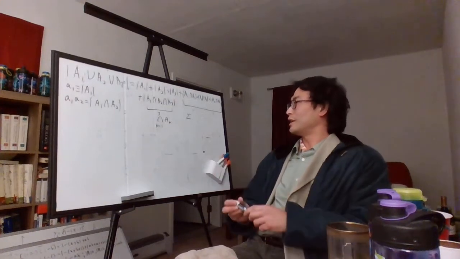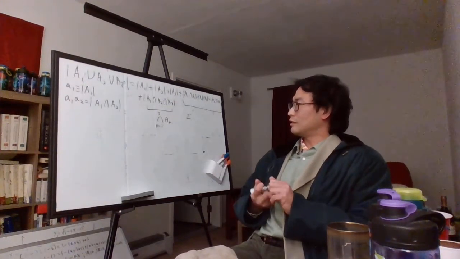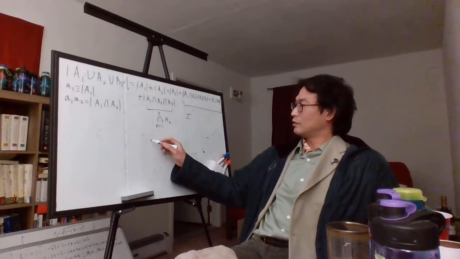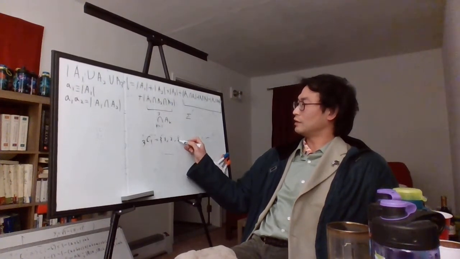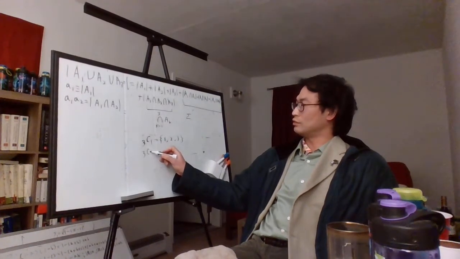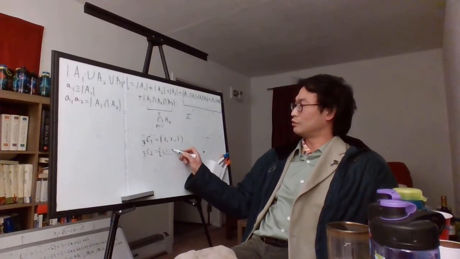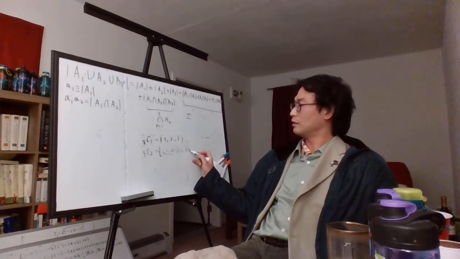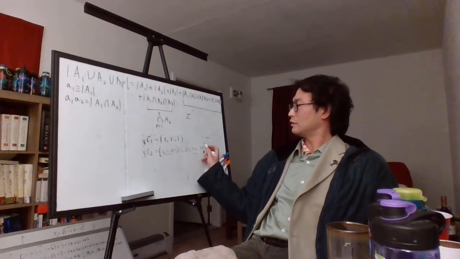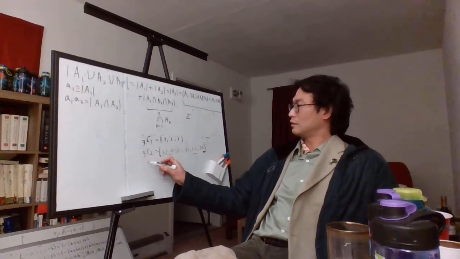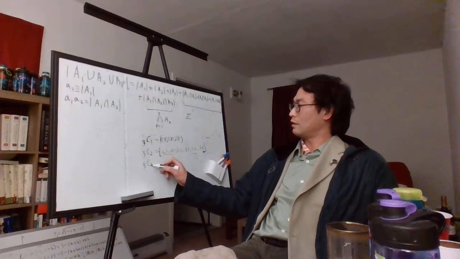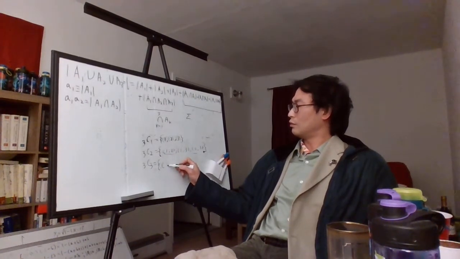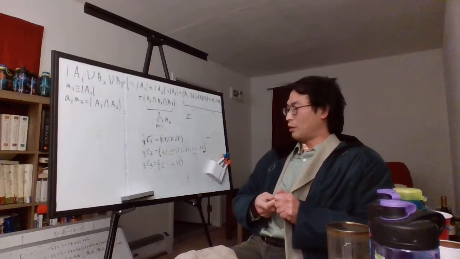So, combinatorics, right? 3C1 is like 1, 2, 3. 3C2 is like 1 2, 1 3, 2 3, right? 3C3 is like 1 2 3. Okay, so that's a combinatorial set.